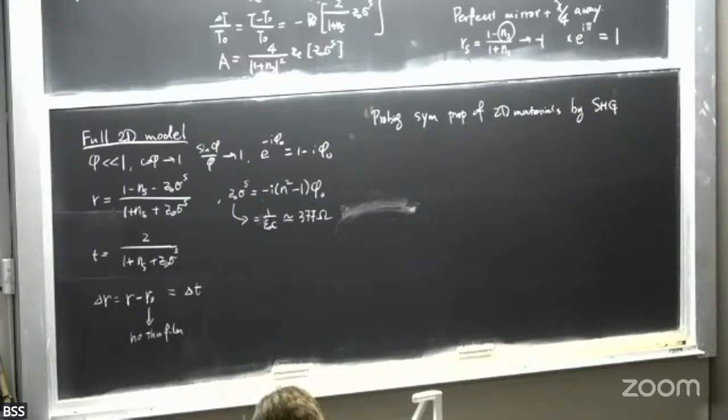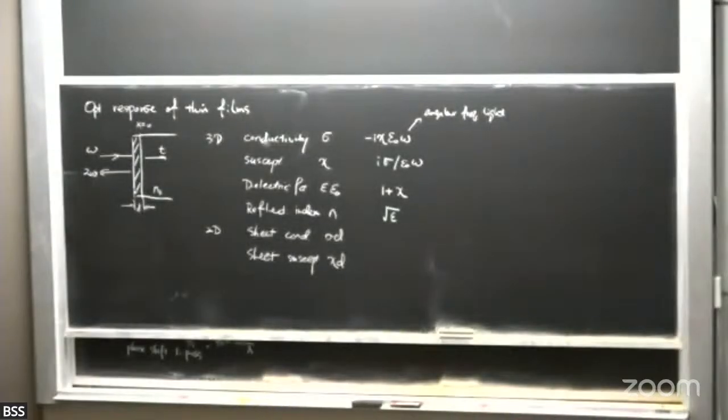Now what we do here, we come in with fundamental frequency omega, and in the reflection we measure the second harmonic. Because it's a second order response, it's zero when the sample is centrosymmetric, and it's non-zero only when the sample is non-centrosymmetric.